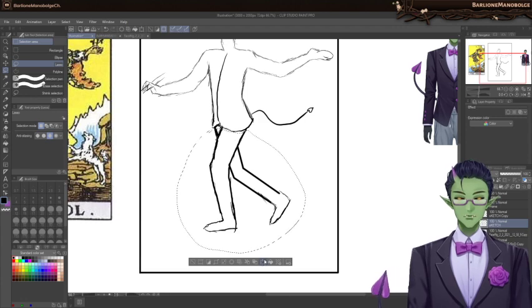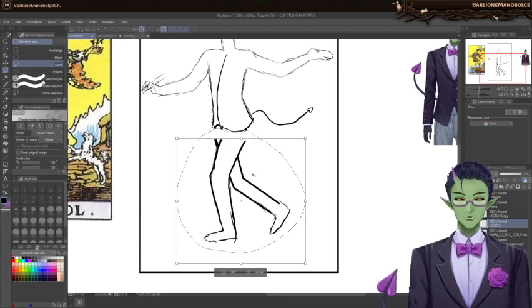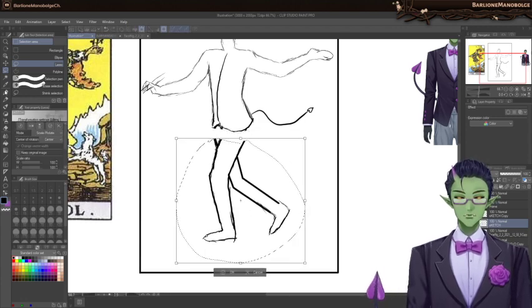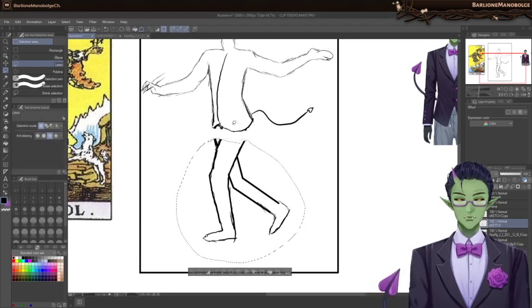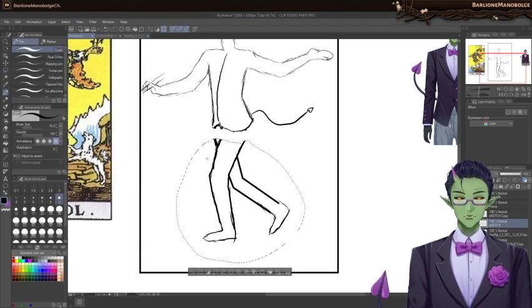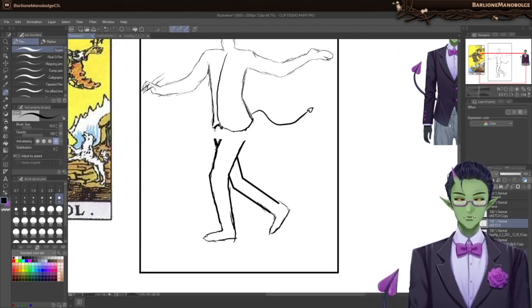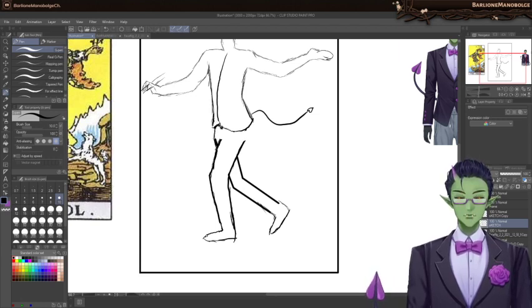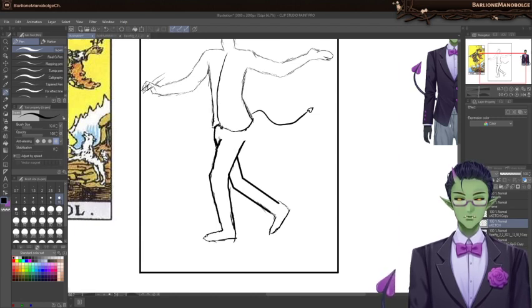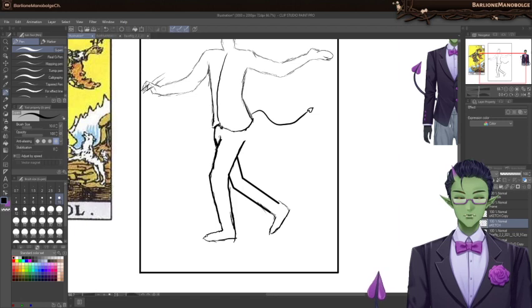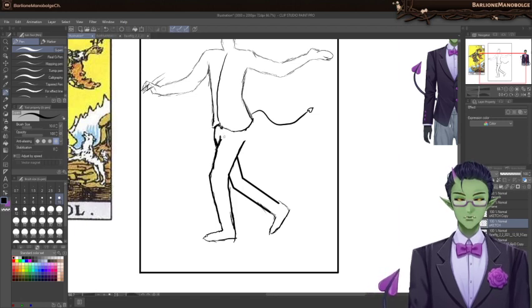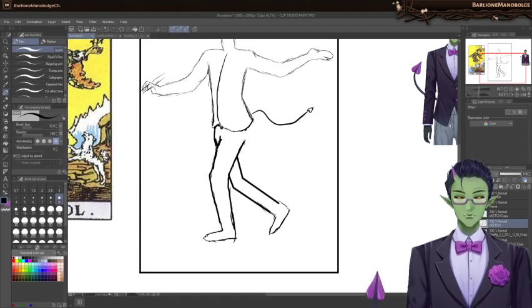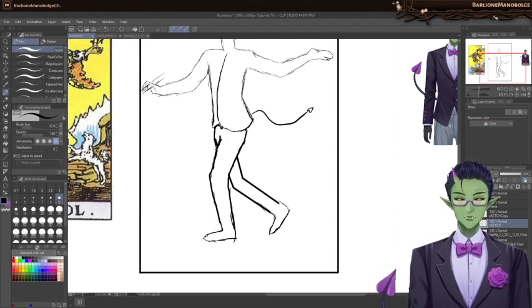Because I still have a copy. And now I can just create a pelvis here. I believe that's what I need. Just a loop there. I think.